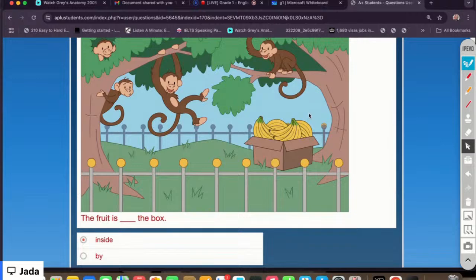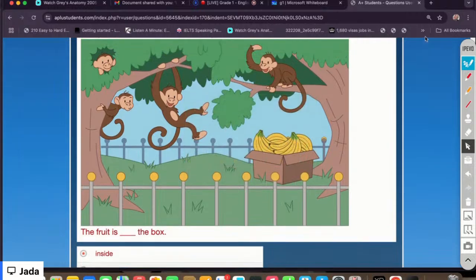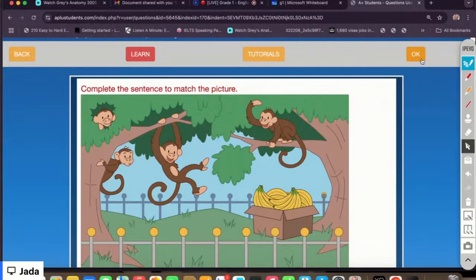So what do you think is the right answer here? So we have inside because the bananas are inside. You can see them inside the box. So inside the box.